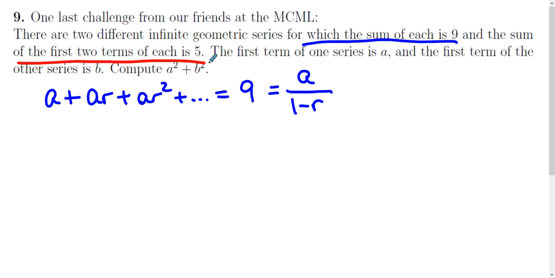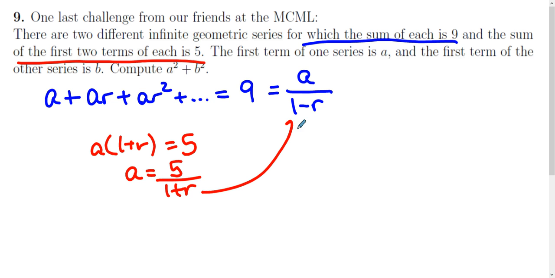But also the sum of the first two terms is 5. Right? So what does this mean? This means that a is 5 over 1 plus r, and we can sub that in.